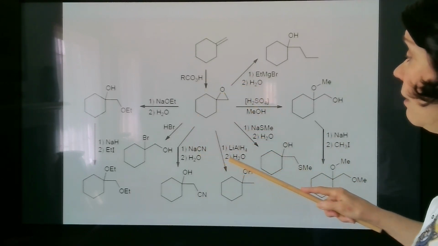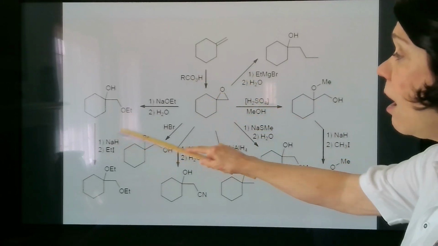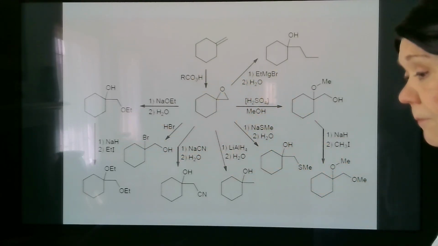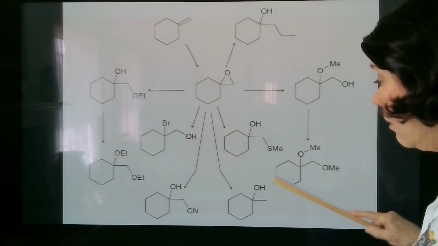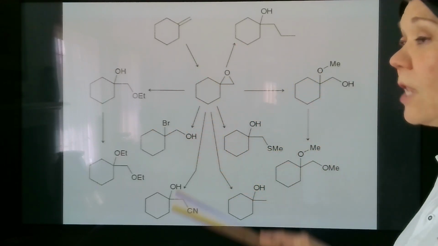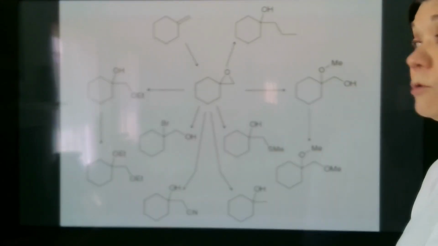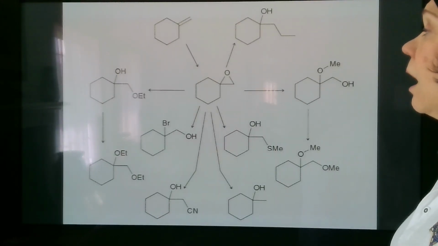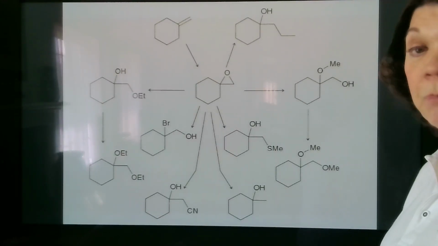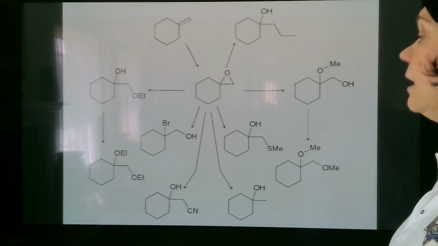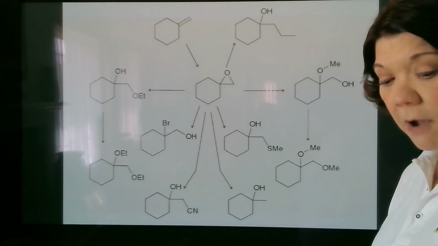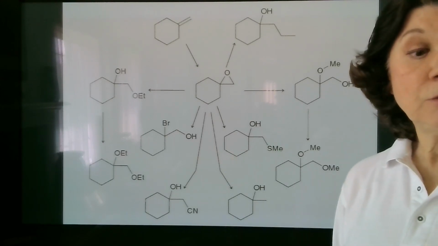This is the slide that has all of the reagents on it, and this is the slide without all of the reagents. So you can print these last two slides and use them to test your memory and study for the reactions of epoxides. So that concludes this chapter.